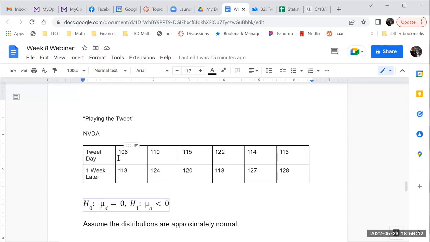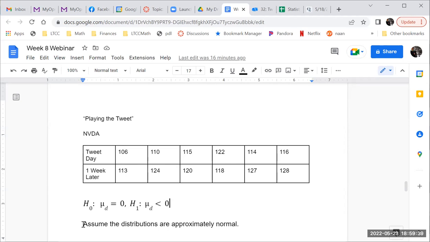If I take 106 and subtract 113, I get a negative number. Do you see that? So that's how I know to put a less than 0. It's good to see an example that actually works for H1 to decide whether it's a less than or greater than, especially when you're doing this type of thing. Any questions on that?